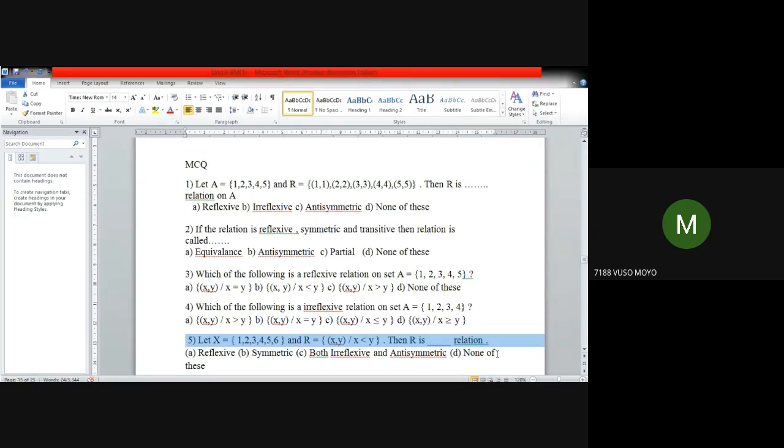Yes, it is irreflexive because 1,1, 2,2, 3,3, 4,4, 5,5, 6,6 will not be there. And it is antisymmetric because if we are taking elements where x is less than y, then x greater than y will not be there. Fine. So the answer will be C, both irreflexive and antisymmetric.